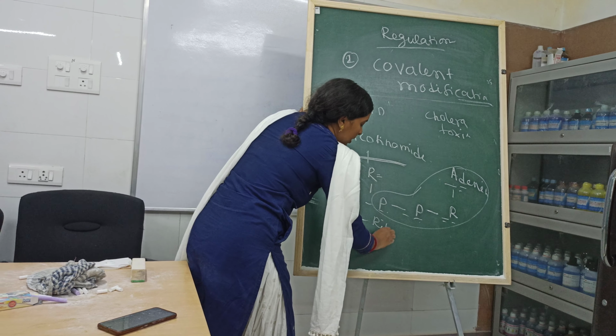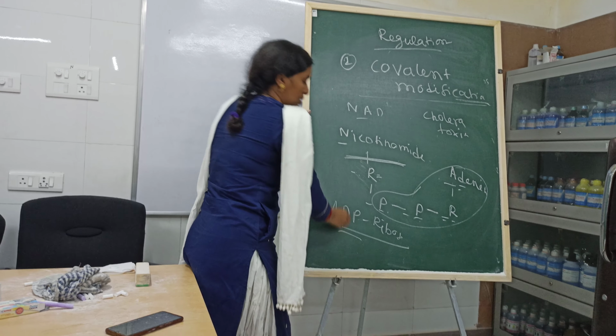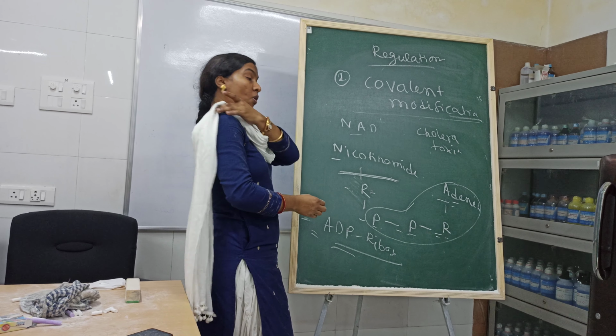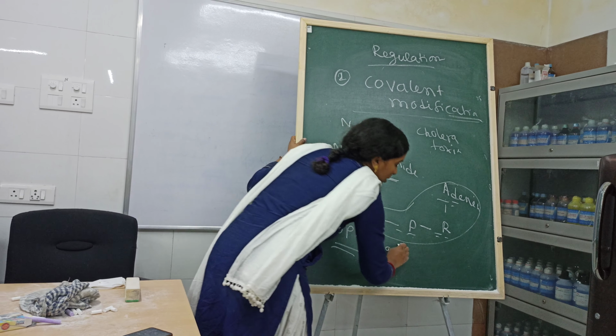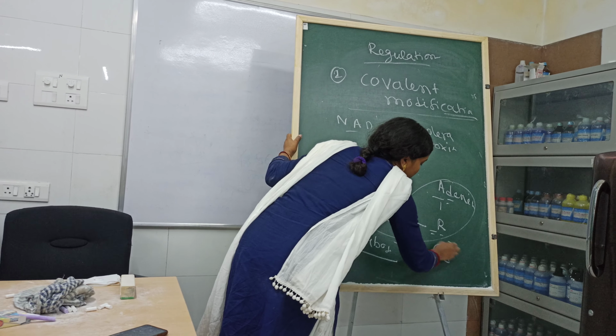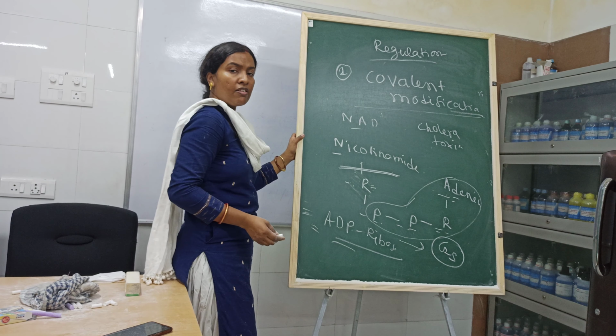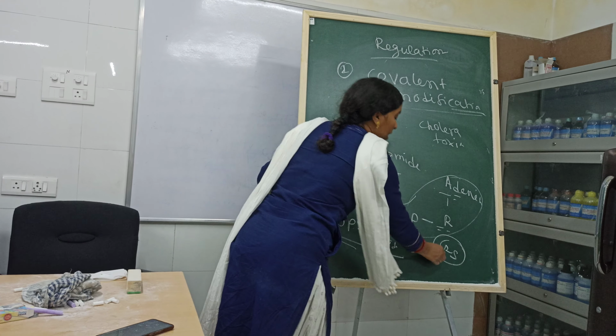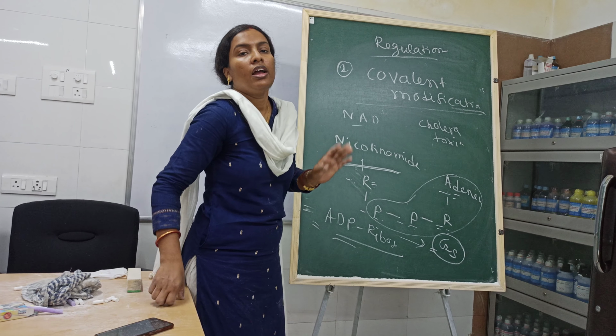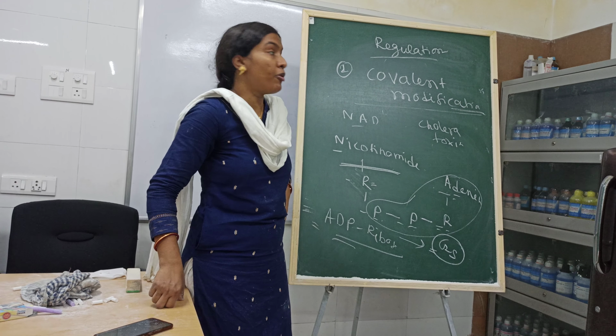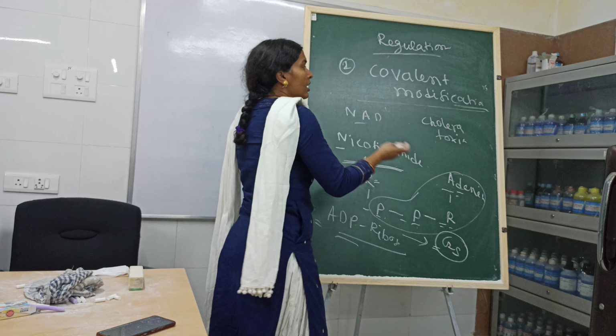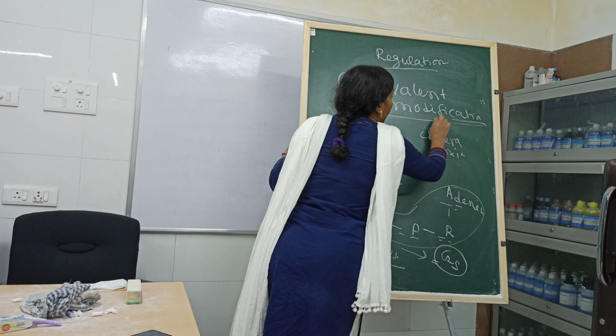So this ADP ribose now binds with the Gs protein, that is the stimulatory G protein. And this is the example of adenylation, which is a classical example of covalent modification.